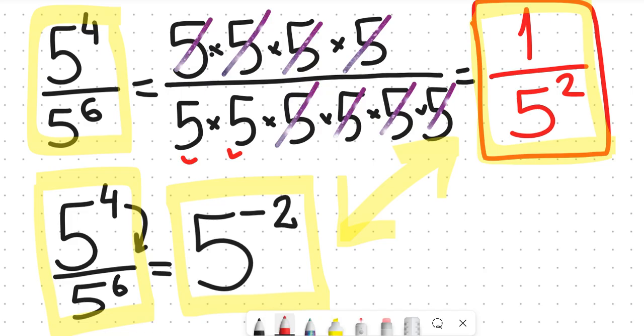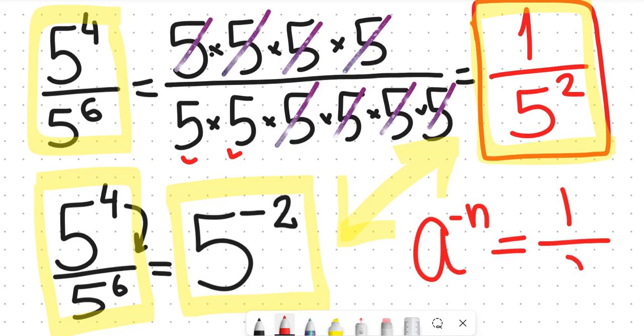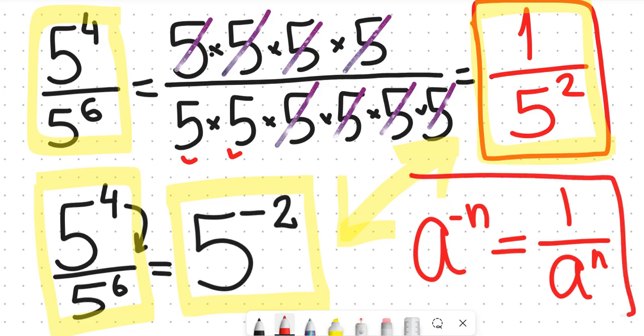That is the lesson for today. So if we have a number with a negative exponent, then we write it as 1 over and the exponent becomes positive. This is the formula. Please make sure that you copy the formula so that we can actually start practicing certain questions.